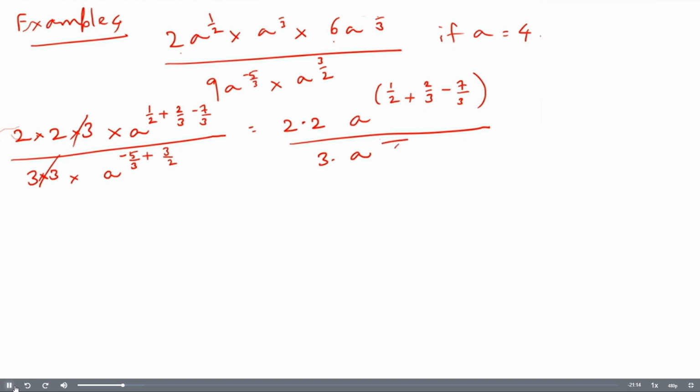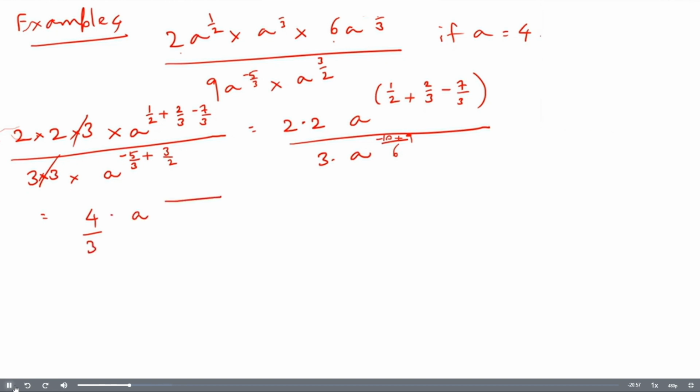If I add both, minus 5 by 3 plus 3 by 2: 3 twos are 6, minus 2 fives are minus 10, 2 fives are 10, 3 fives are... 2 threes are 6, 3 threes are 9, which gives 4 by 3 into a to the power.